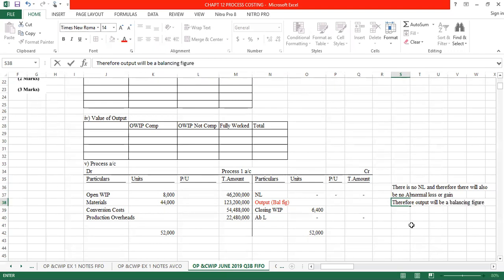You know what we mean by balancing figure by now. Balancing figure is the difference between this and that. So it will be 52,000 minus 6,400. What does it give you? 45,600. Now with that, we have finished the process account.